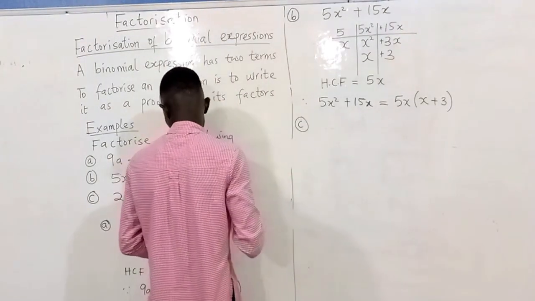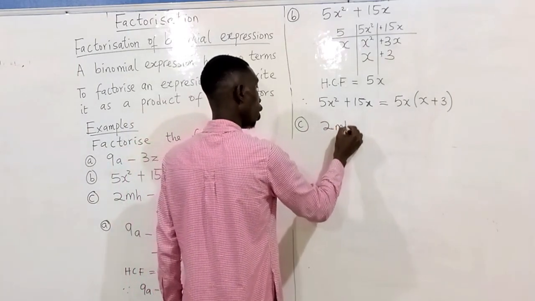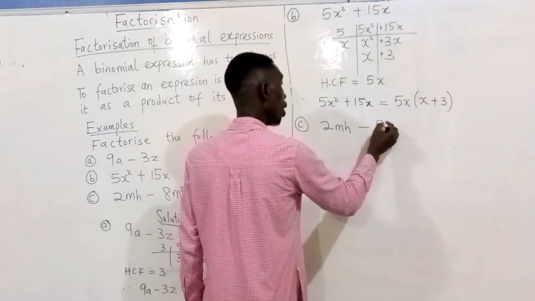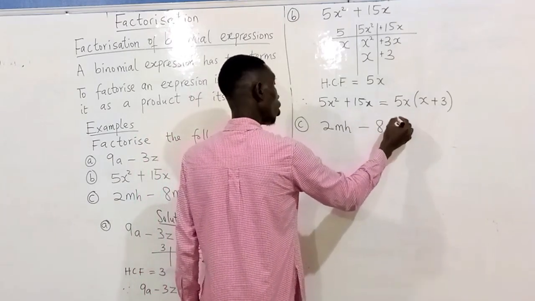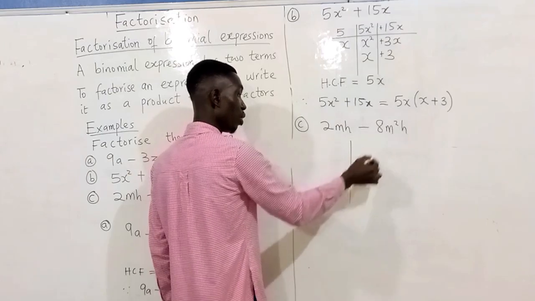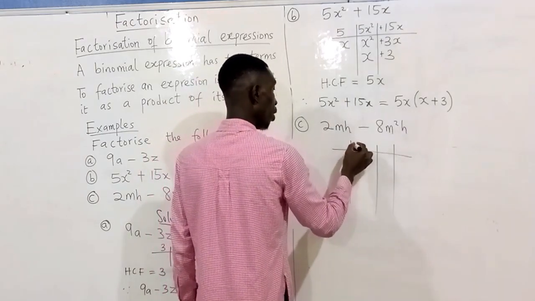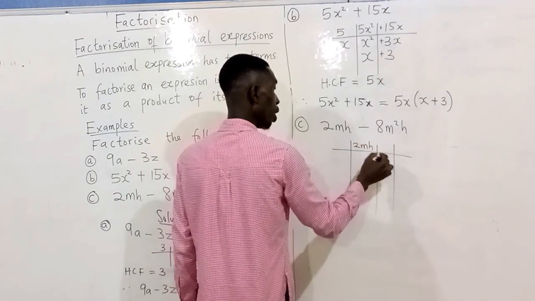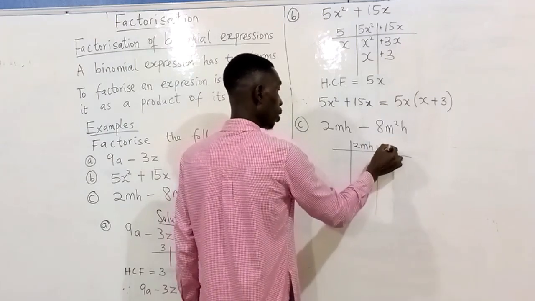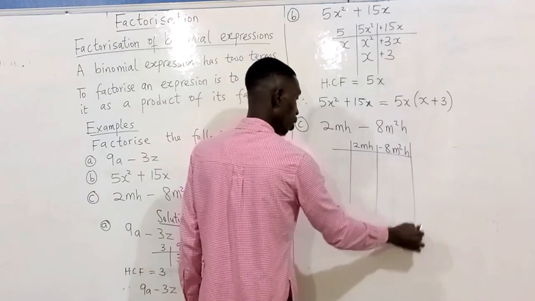Let's look at the last example there. It is 2mh minus 8m squared h. So we are still going to look for the HCF of these two terms. We have 2mh and then minus 8m squared h.